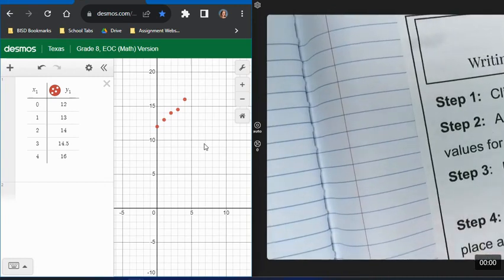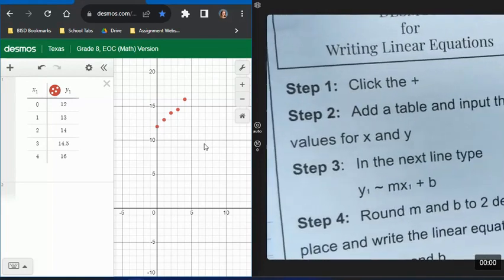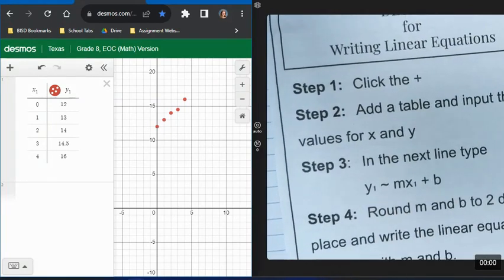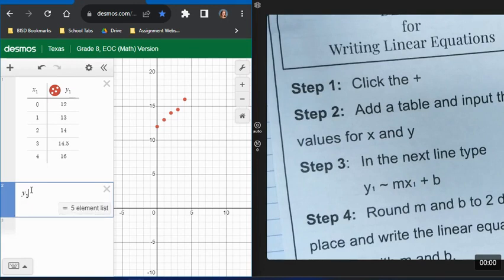Step 3, in the next line, type y1 and then this little squiggly, m x1 plus b. So in line 2, type in y1. Whenever you put the 1, it takes it down to a subscript. Then look for the squiggly. Mine is above the tab, but I have to do a shift.